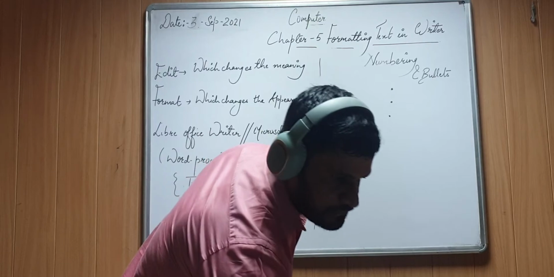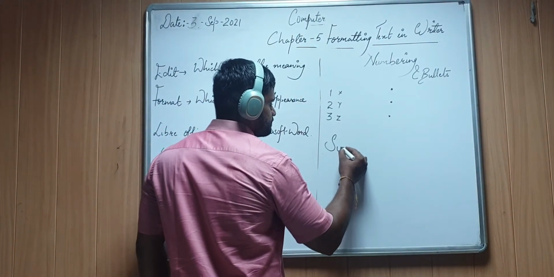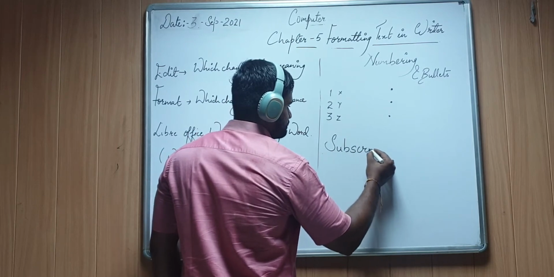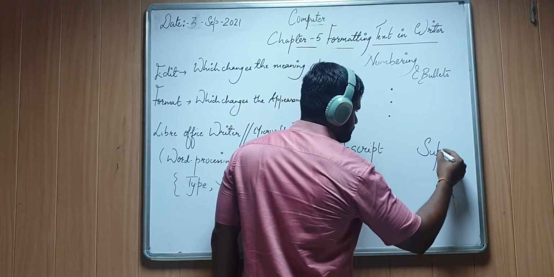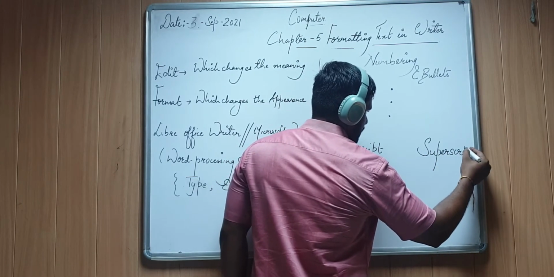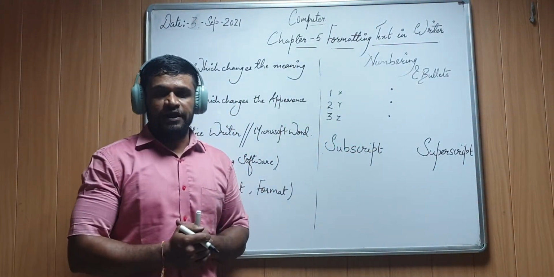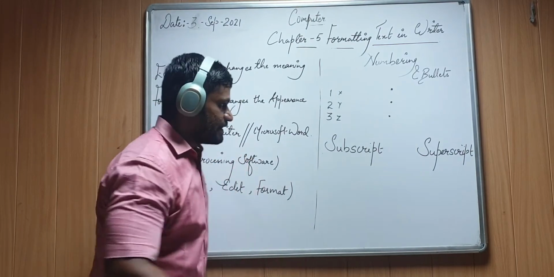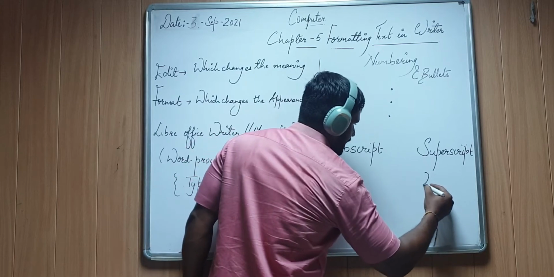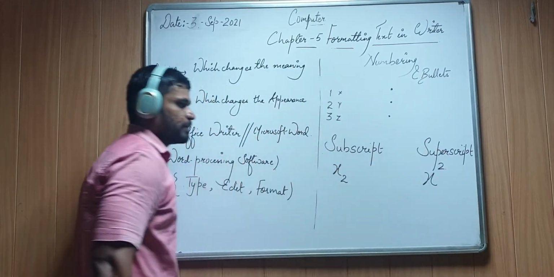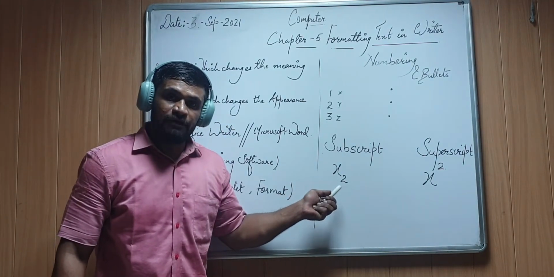After numbering and bullets, we have two more words, subscript and superscript. Sometimes when you are doing some mathematical work, or in the mathematics field or scientific field, you will see that it is mentioned like this, x to the power 2, or x square, where you can see that the content is not on the same level.